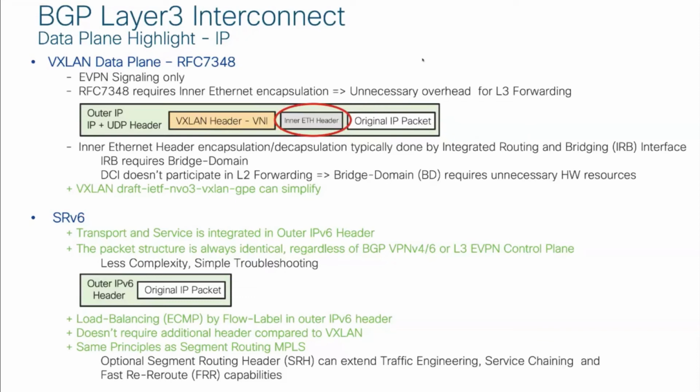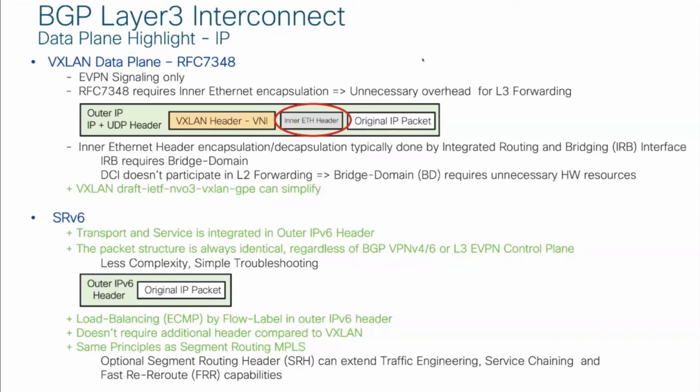Very often this inner Ethernet header means that on the DCI you have to implement the bridge domain and process this inner Ethernet header. A theoretical option is also to use VXLAN GPE, which removes this inner Ethernet header.